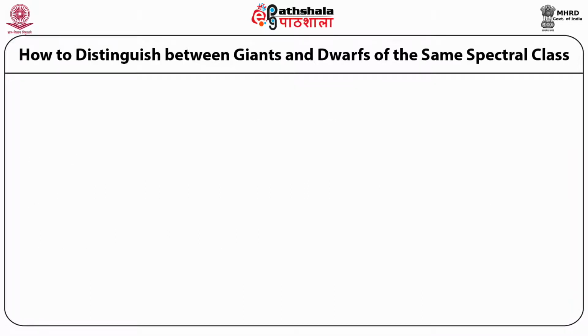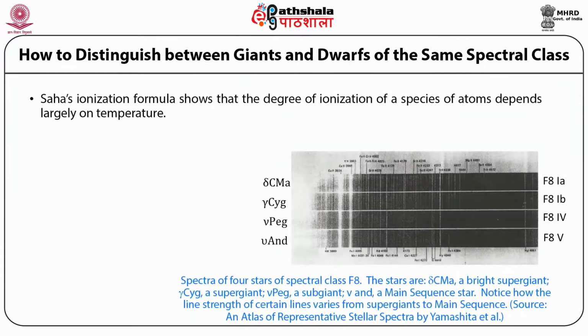Let us learn how to distinguish between giants and dwarfs of the same spectral class. Saha's ionization formula shows that the degree of ionization of a species of atoms depends largely on temperature.